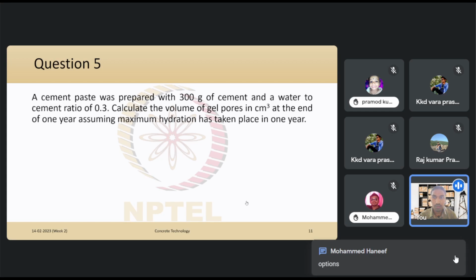So there's no option, you can put your answer in the chat as well. You can type your answer in the chat.